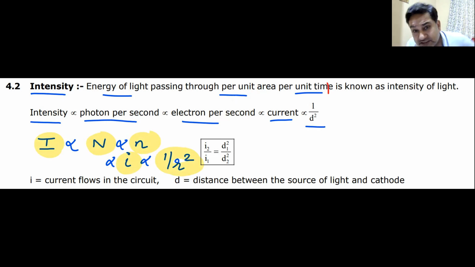Yes, sir. Distance has become twice, sir. What will be the number of photons reaching, or the electrons which are emitted? Will it increase or will it decrease? You got the answer? You are understanding the logic behind it? Yes or no?